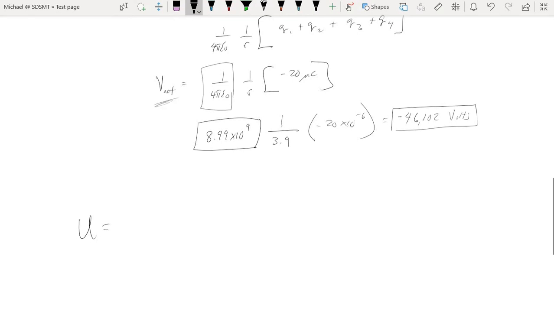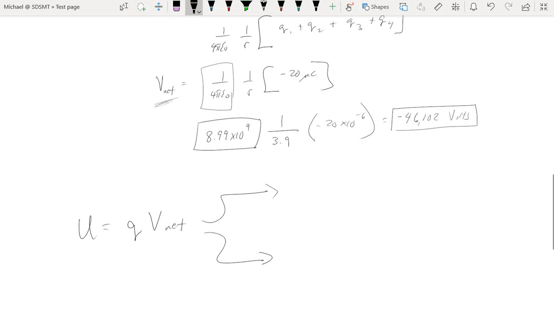Well, I already know what the electric potential at that location is, so all I need to do is multiply that by the charge of the proton. And remember, from the previous video, we now have a choice in how we represent the energy of these particle systems.